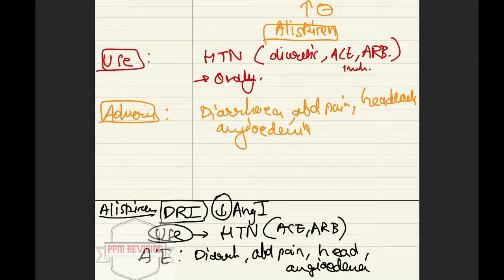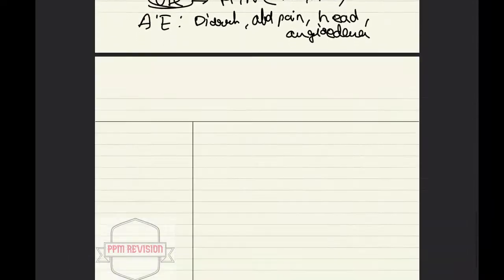Okay, now moving further, we'll be looking at some other topic, that will be the CCB, and very important, it is the calcium channel blockers. A quick note on that as well. So it is calcium channel blockers. Here, as told earlier, we have the dipines mostly.